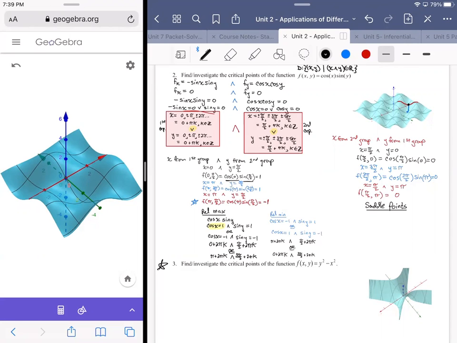And these happen, if you look at all of the x values that we're working with here, they're all from the set of pi over 2 plus pi k. And the y values, well, really anything from the set of 0 plus pi k.